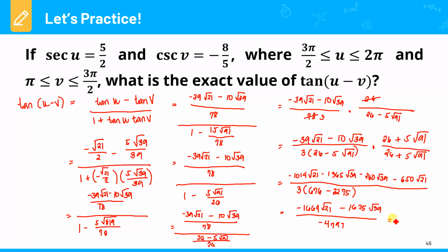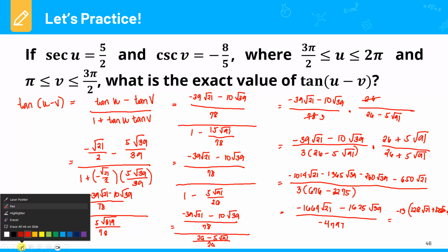You have negative 13 times 128 square root of 21 plus 125 square root of 39. This is 39, sorry.